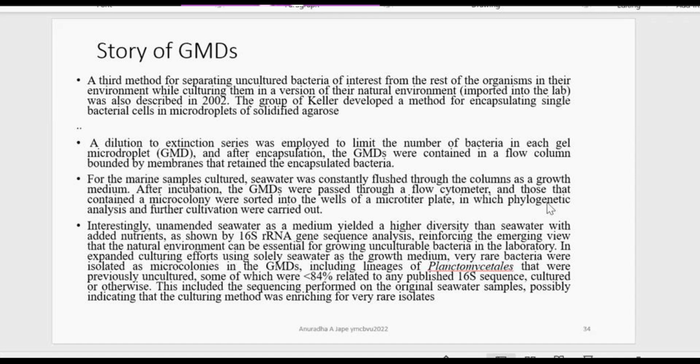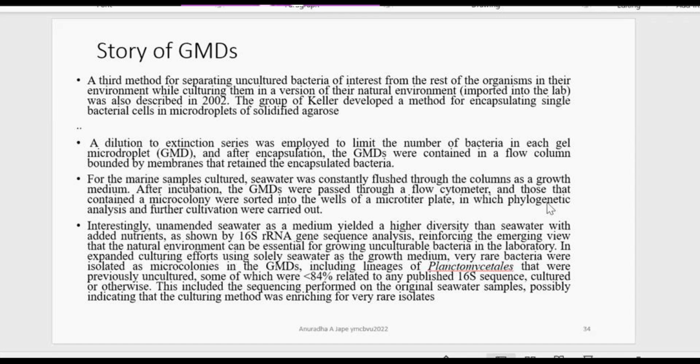The GMDs are going to remain in the column. The column is washed through filtered seawater, of course membrane filters I'm talking about, and then the bacteria may find it good as a nutrient medium, they will grow, and then at a particular time you take that GMD, that is the gel bead, out and pass it through the flow cytometer.